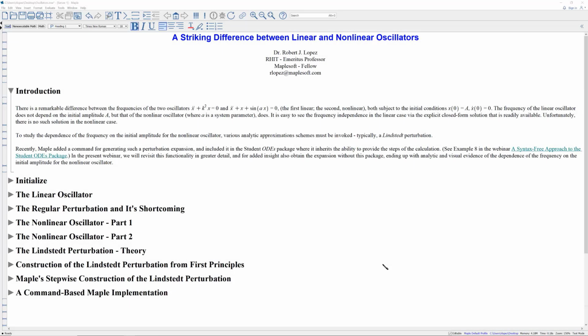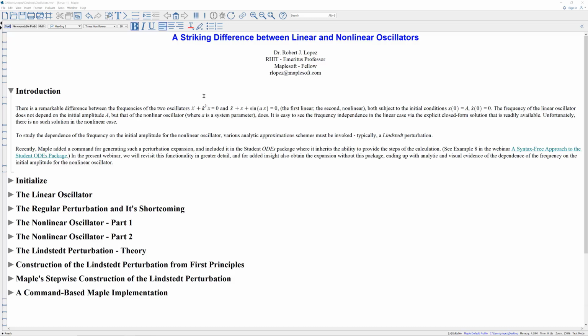A striking difference between linear and nonlinear oscillators is the dependence of the frequency on the initial displacement. For the linear oscillator, and here is a linear oscillator, there is no dependence.